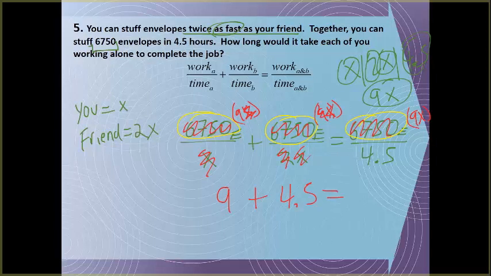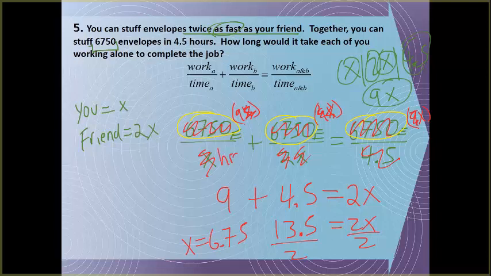That equals 2x. And then I solve. 13.5 equals 2x, and you divide by 2 to get x equaling 6.75. And again, this is on the bottom. This is ours.